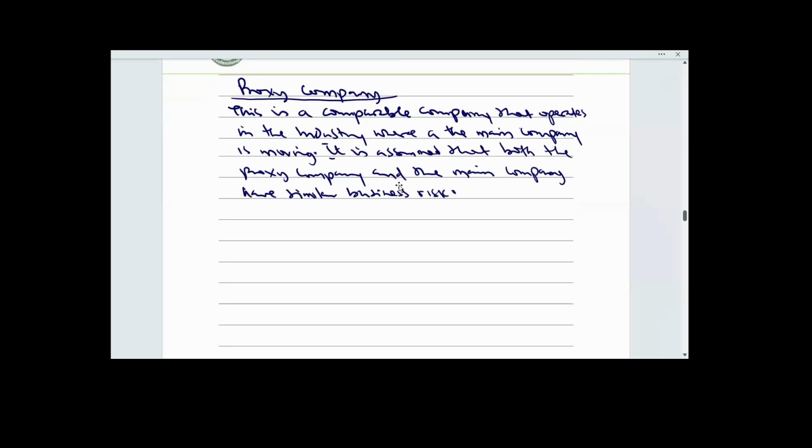All right. So for example, when you talk about proxy company, if Equity Professional is into education business, let's say Equity wants to diversify into oil and gas. The risk associated with education business is different from the risk associated with oil and gas.